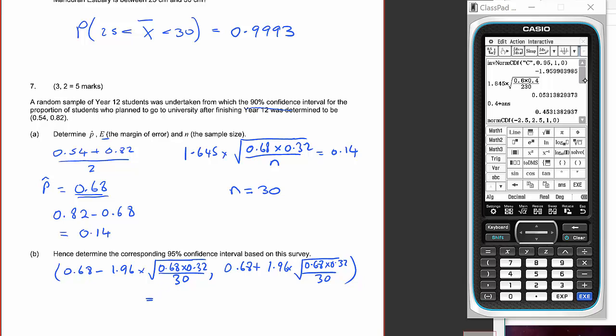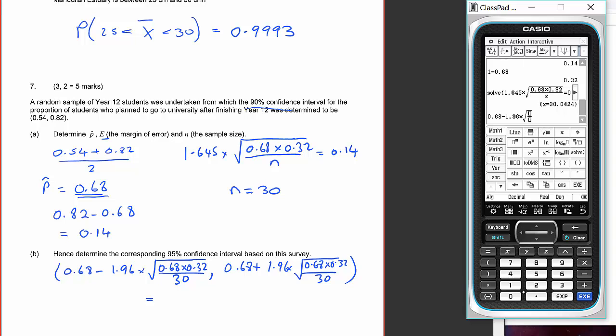So 0.68 take away 1.96, this one's the multiply, multiplied by the square root of 0.68 times 0.32 over 30.